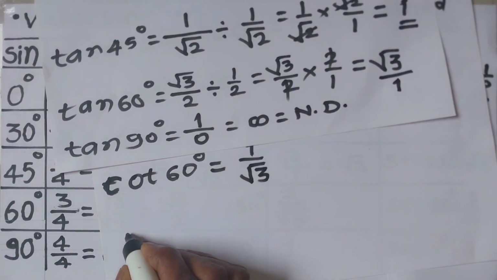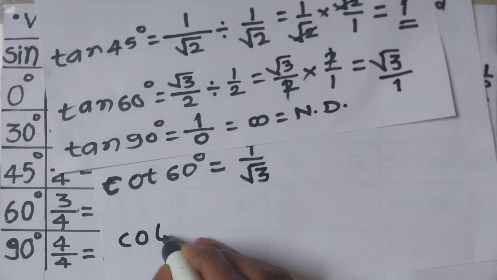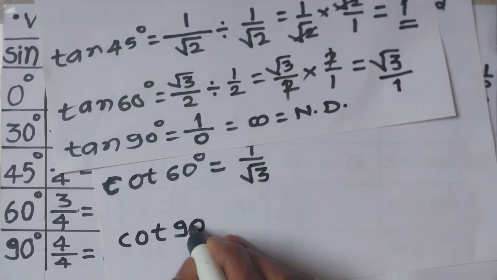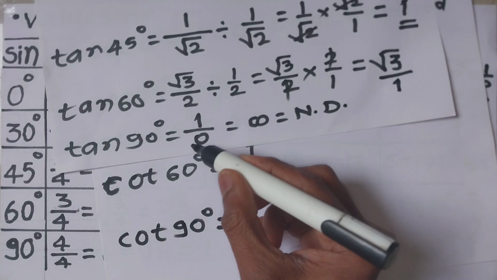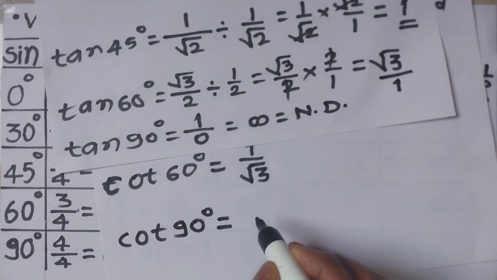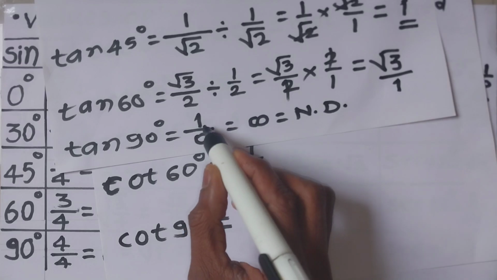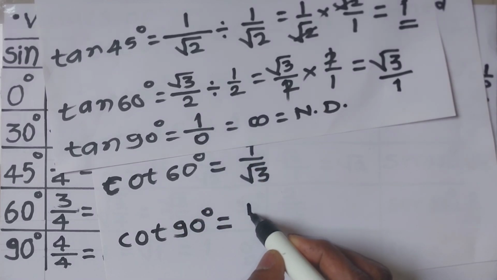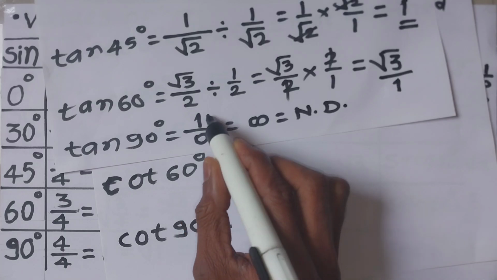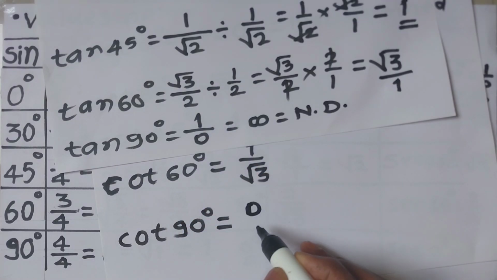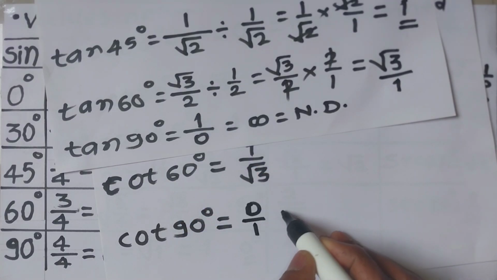And finally we will find out the value of cot 90 degree, that is the multiplicative inverse of tan 90 degree. Tan 90 degree is not defined, meaning 1 upon 0. Then 1 upon 0 becomes, the denominator becomes the numerator and the numerator becomes the denominator, that is 0 upon 1.